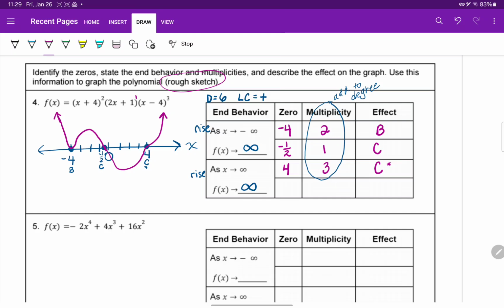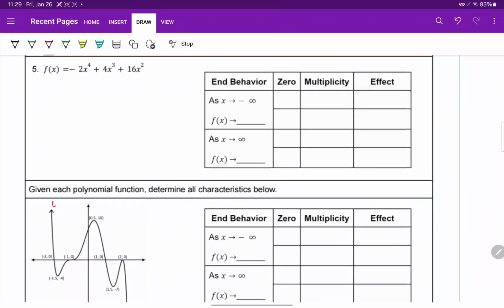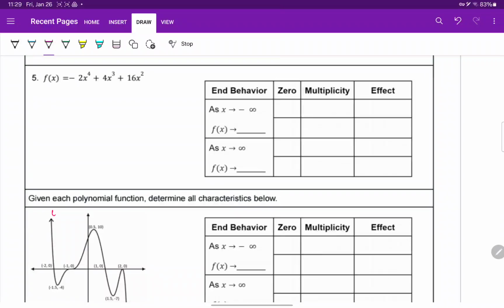All right. Question 5, I did not factor for you, so we're going to have to do it all ourselves. So first, we will factor. In this case, I have a GCF of negative 2x squared. That's going to give me a positive x squared minus 2x minus 8.